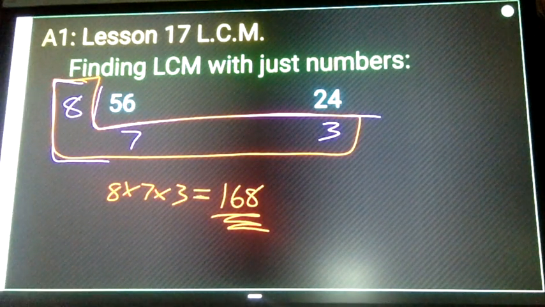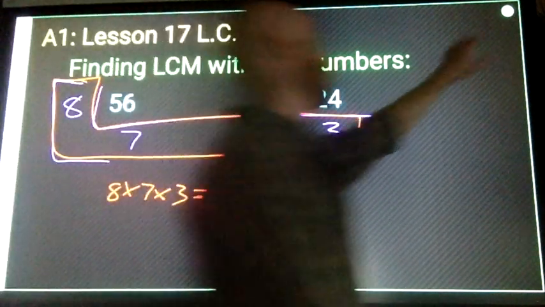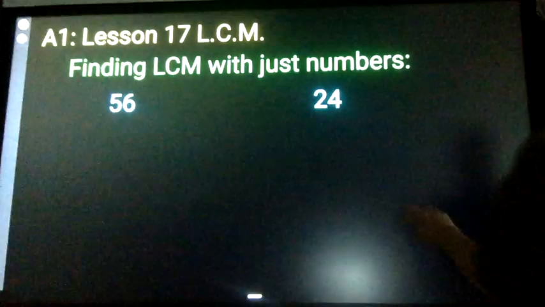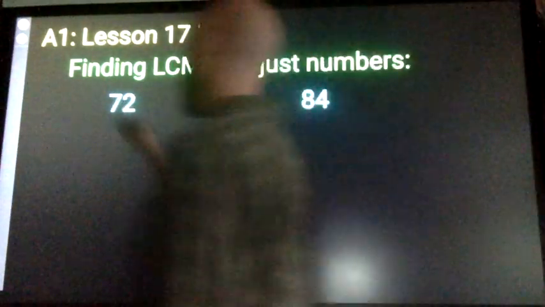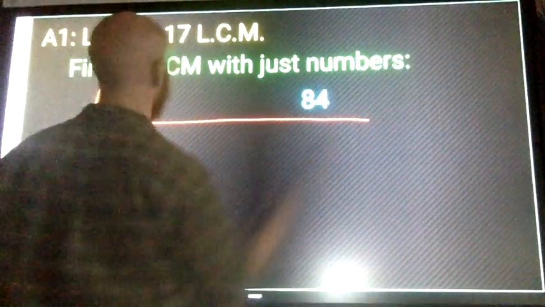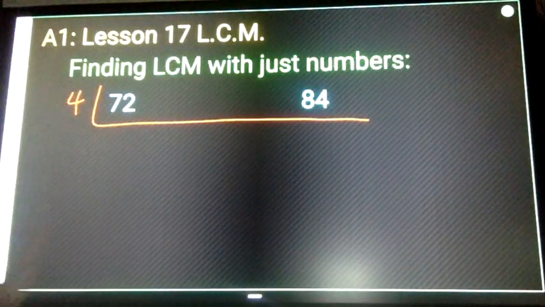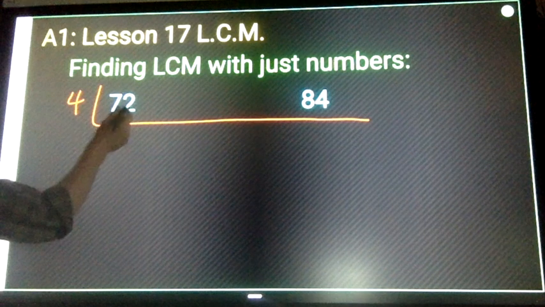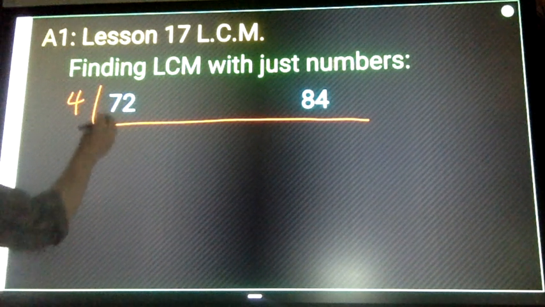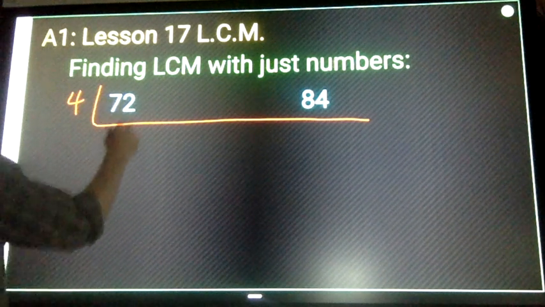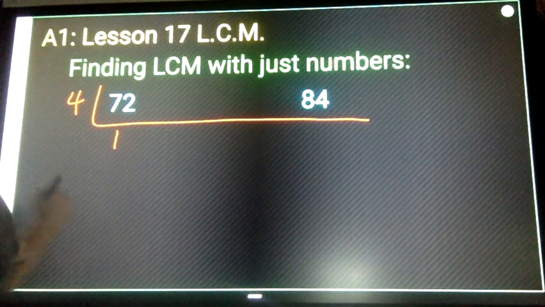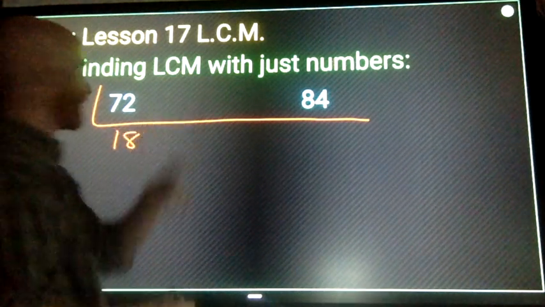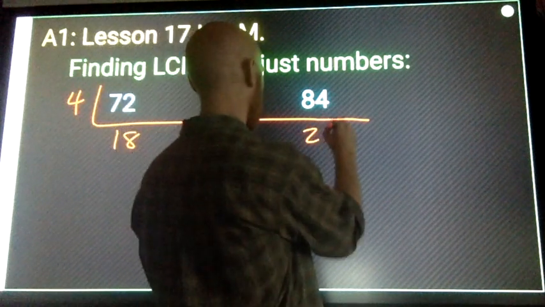Looking at another example of doing this, let's say 72 and 84. I know 4 goes into both of these. 4 goes into 72 18 times, 4 goes into 84 21 times.